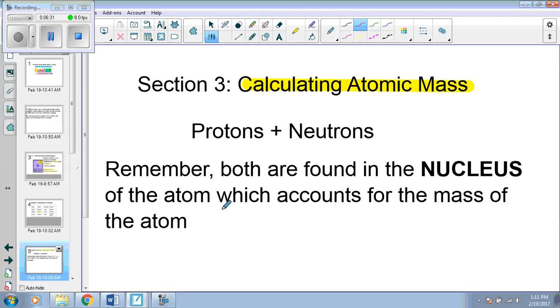So let's first look at carbon 12. In carbon 12, I know I have 6 protons and 6 neutrons.